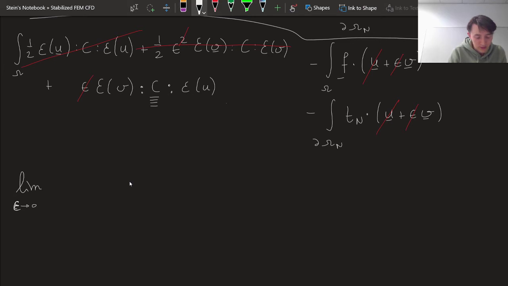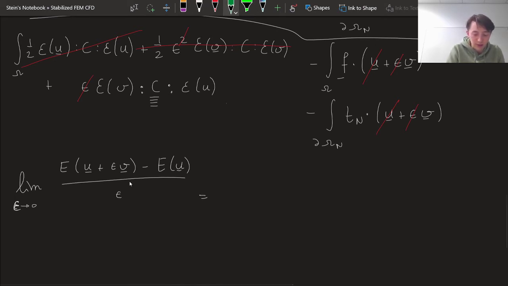this symbol, of E of u plus epsilon v minus E of u divided by epsilon. That's going to be equal to all my leftover terms here. That's this one and these ones.